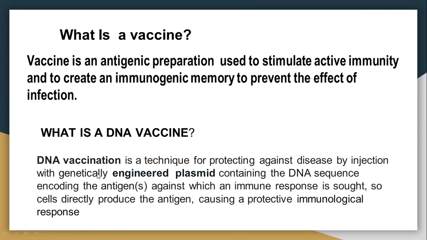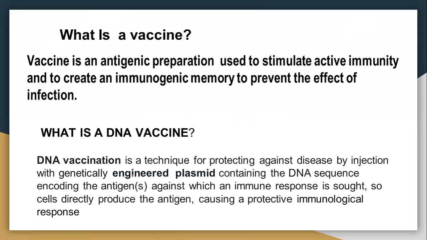Suppose you want to develop a vaccine against a coronavirus, so you have to design a segment of the coronavirus spike protein gene, insert it into the plasmid and inject it into the human body so that the human body develops an antibody immune response, right? So today we'll learn how the DNA vaccine works.